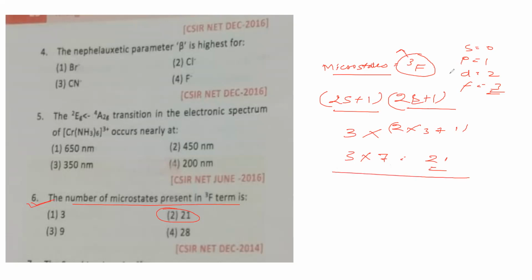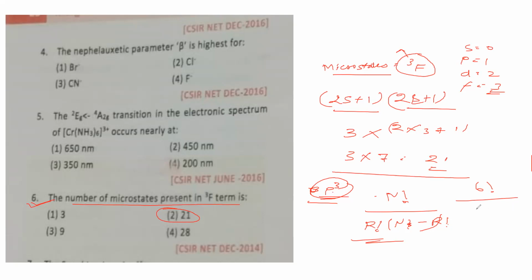And if you are not given a term but an electronic configuration, for example p3, and it is asked to calculate the microstates, then for such kinds of questions we have to calculate microstates using the formula n factorial divided by r factorial into (n minus r) factorial. So we use this formula if something like p3 is given. What is n for p3? N means the maximum number of electrons for the given orbital. So for the p orbital, what is the maximum number? 6, so we put 6 factorial. Divided by r factorial, where r means how many electrons are there in the given configuration.